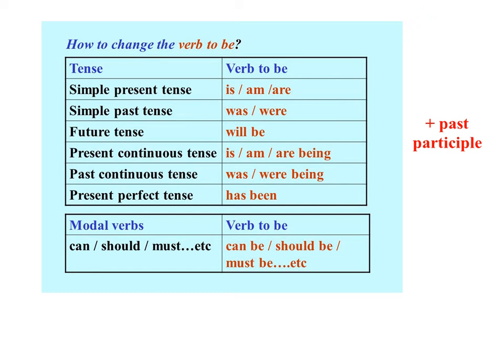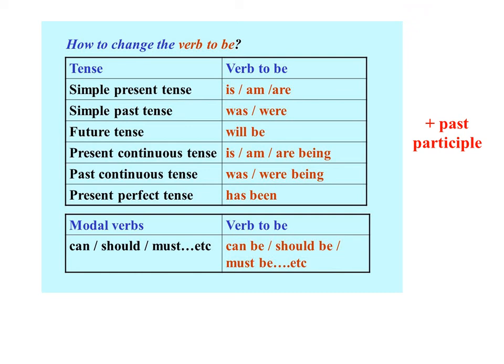Here are the changes: how to change the verb to be in the passive. So you have the simple present tense: is, am, are, plus past participle. Okay. Simple past tense, you have was or were plus past participle. Future tense, you have will be plus past participle. So you follow the past participle in all tenses. Present continuous: is, am or are being plus past participle. Past continuous, you have was, were, plus being.